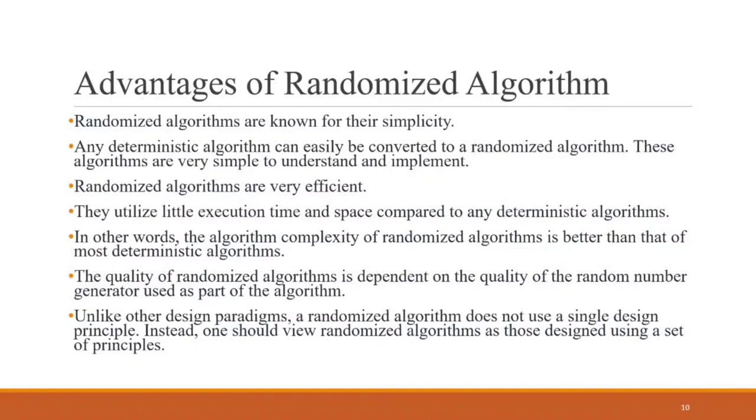It will only use less time. Randomized algorithms are better than most deterministic algorithms because here we choose random numbers to decide the output. The quality of the randomized algorithm will depend on the quality of the random number we choose. According to that random number, the quality will be great or differ.